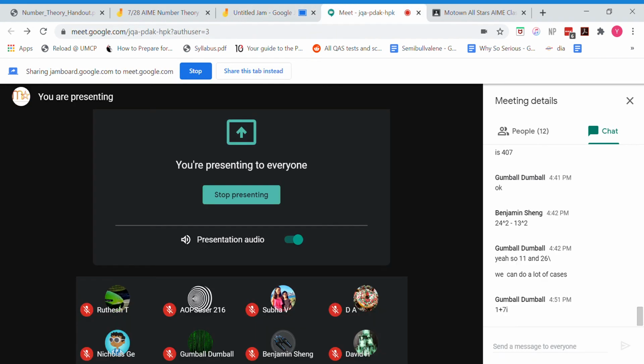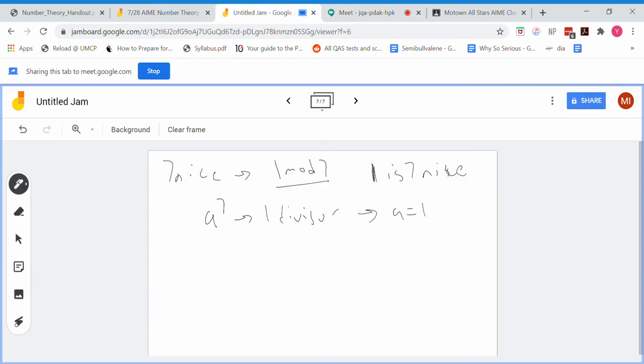Okay, so what about the next number that's 1 mod 7, 8? So a to the power of 7 has 8 divisors. What could this be? Well, a can't equal 1, right?